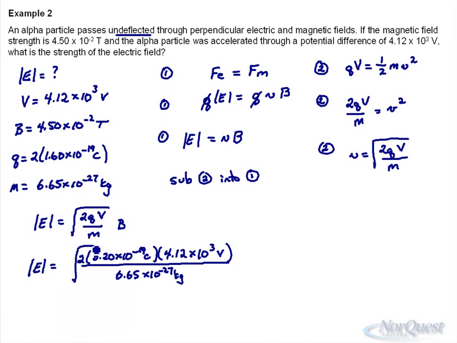Take the square root and then multiply that whole answer by 4.50 times 10 to the negative 2 Tesla.